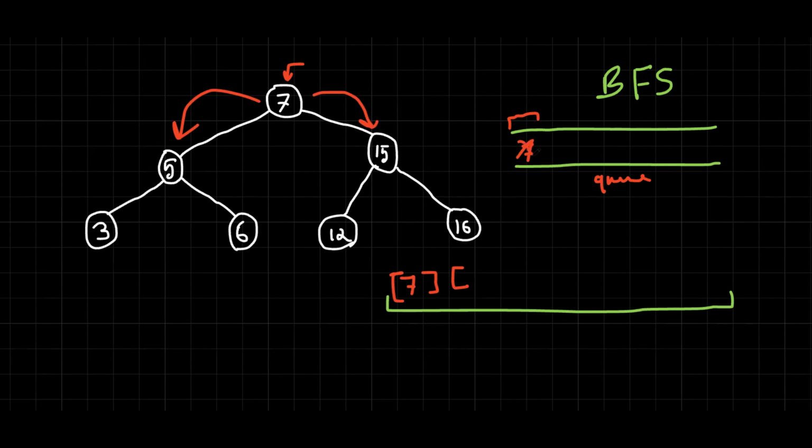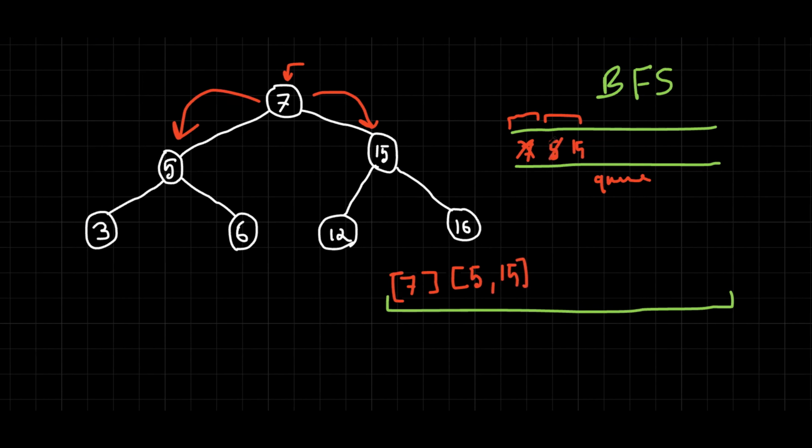Before that, we remove 7 from the queue and insert 5 and 15 into the queue. Now the queue size is 2. That means in the second level, we will find two nodes. So what is the front element? It is 5. Then what is the next element? It is 15.